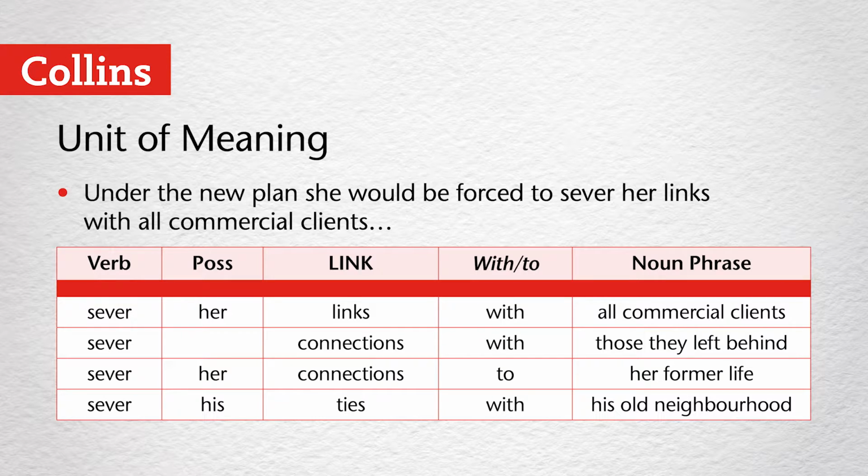On the screen there are some examples. Preceding that word, there is usually a possessive, and following that word, there is the preposition with or the preposition to, and then another noun phrase. So we have examples like sever her links with commercial clients or sever connections with those they left behind.